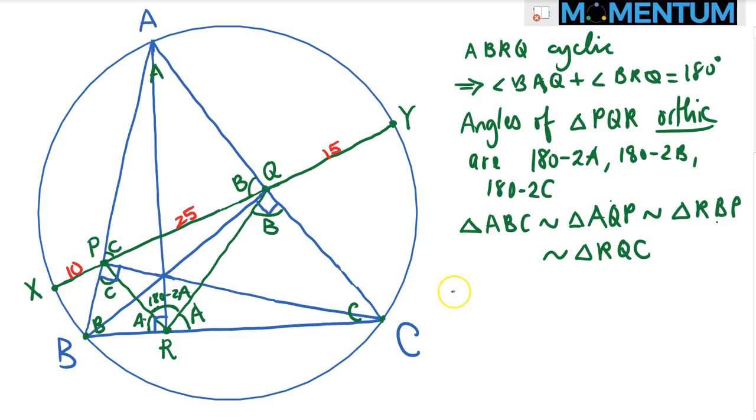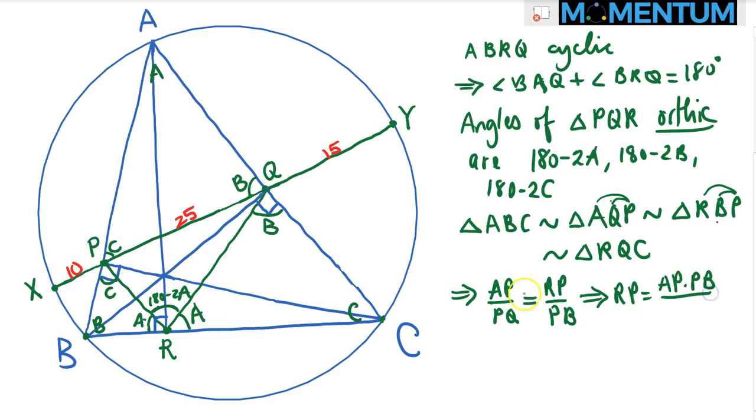Therefore this would imply that AP to PQ is equal to RP to PB, and that would simply imply that RP is equal to AP times PB divided by PQ. And finally, you can use power of the point P to establish AP times PB is just equal to XP times PY.